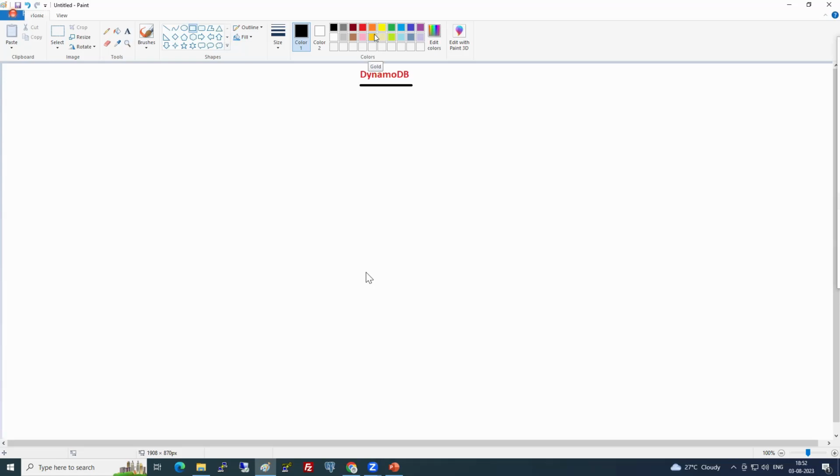What is the default table name that we always create? Employee table. If you go to any institute or college, that is the default they always create. So now I'm just going and creating a table.